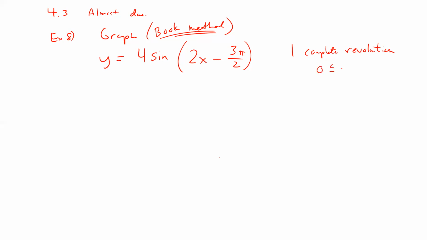Sine goes from 0 to 2 pi, agreed there? So what we do is we take this little middle section right here, and we are just going to substitute that little middle section inside for our one complete revolution. Are we good?